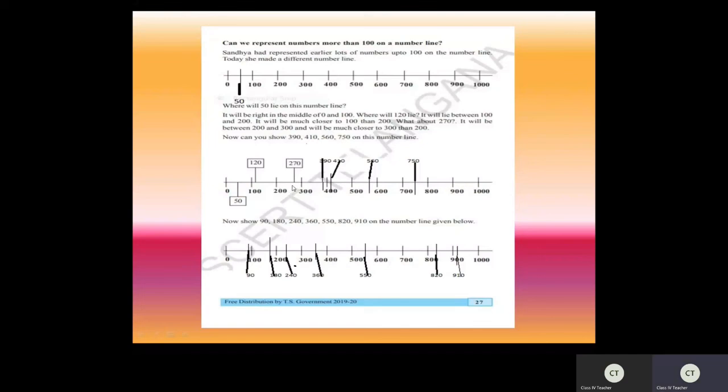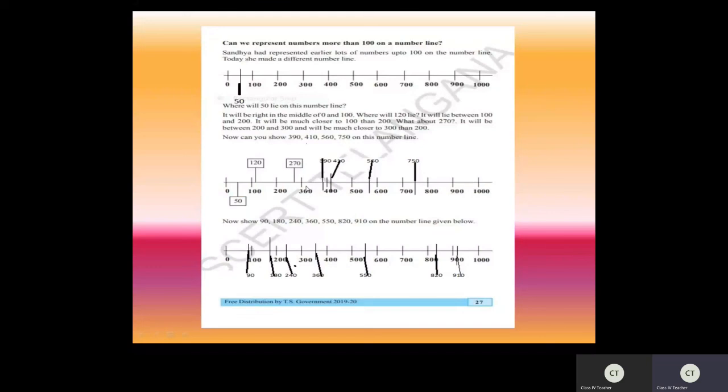270. So 270 lies in between 200 and 300. How many come over here? 200 to 210, 210 to 220, 220 to 230, 230 to 240, 240 to 250, 250 to 260, 260 to 270, 270 to 280, 280 to 290, and 300.